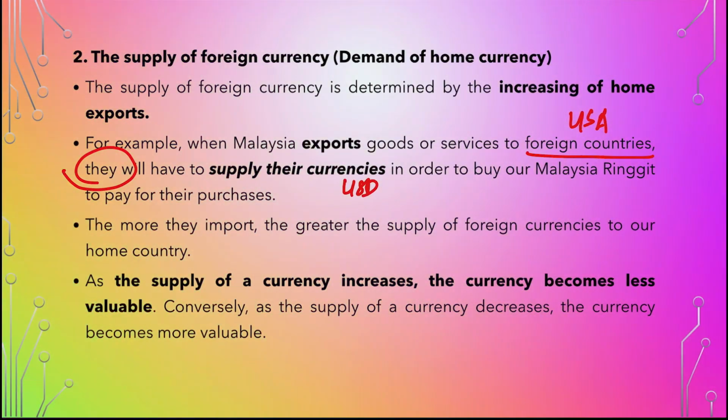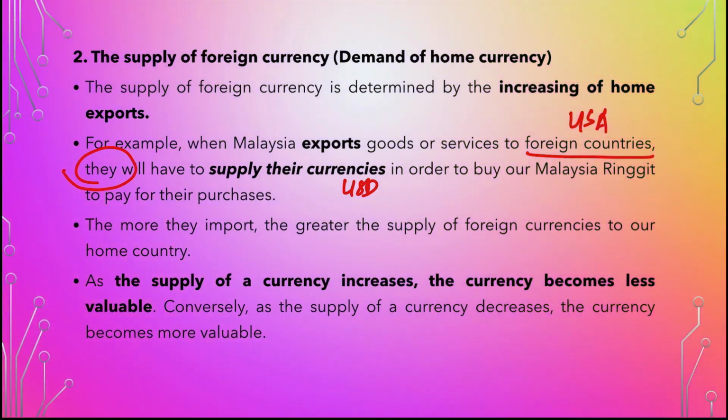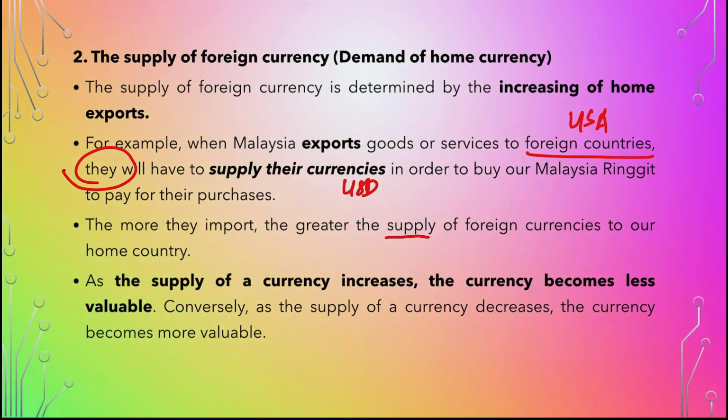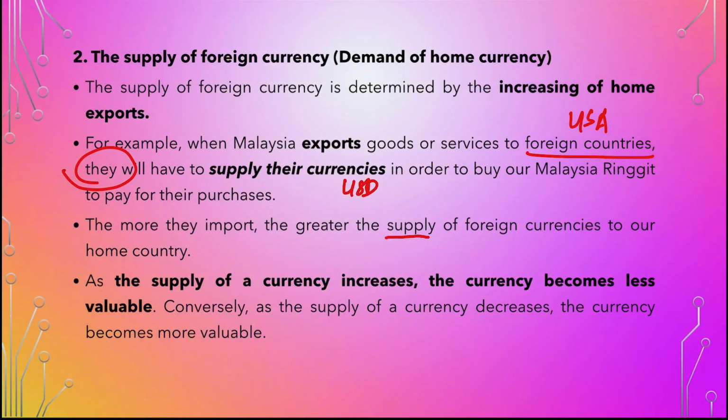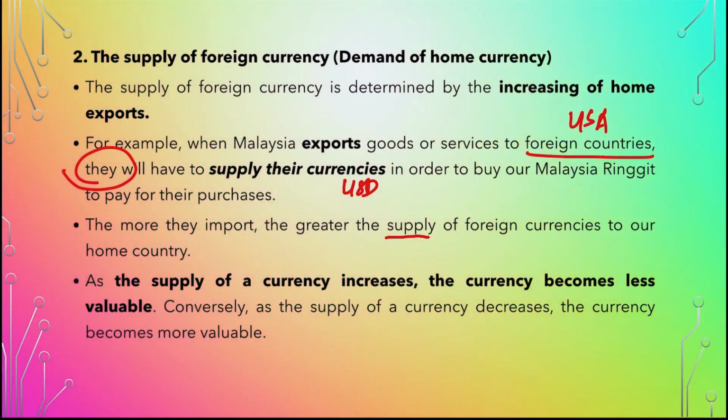So they supply US dollar to buy Malaysia ringgit. So they demand our home currency. The more they import, the greater the supply of foreign currency to our home country. Meaning that as the supply of a currency increases, the currency becomes less valuable. Conversely, as the supply of a currency decreases, the currency becomes more valuable.